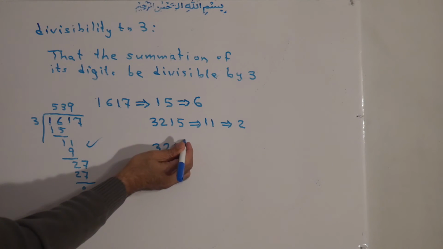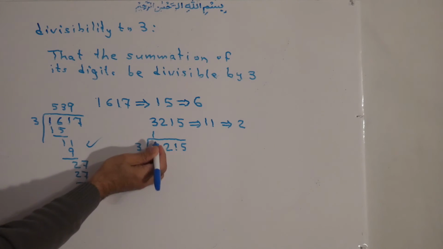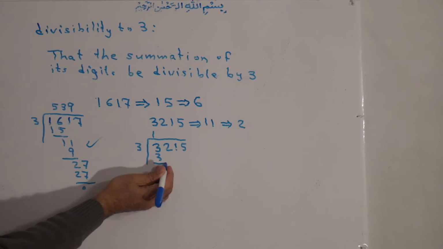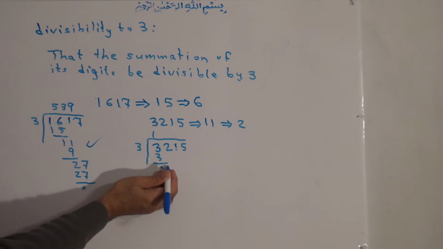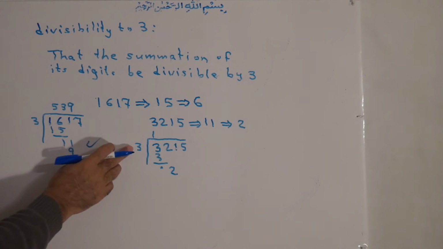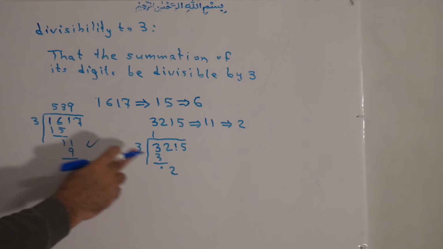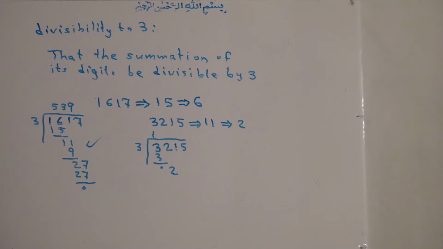3,215 divided by 3, 1 times 3, 3, 0, then we bring down 2. Because 2 is less than 3, we should bring down another number. But in division we can bring down just one number, not two.